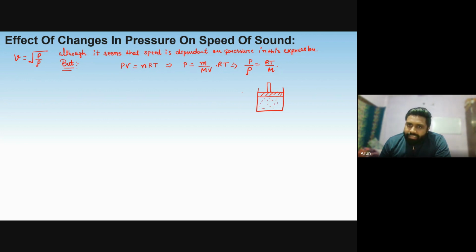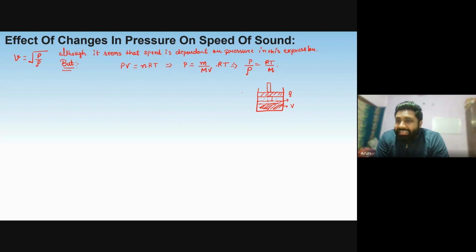The gas filled inside has a particular density rho and volume V. Now, if we compress it, it will come to a new position here, and the remaining volume is this.